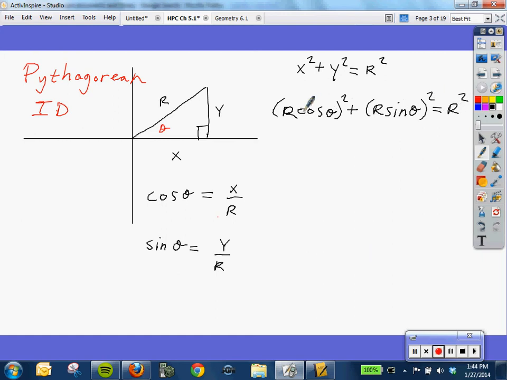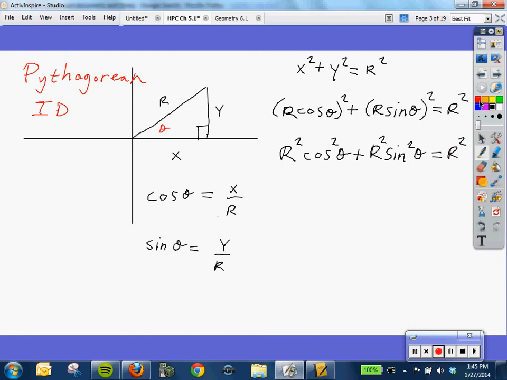From here, whenever you have a trig function to an exponent, you put the exponent in between the word and the angle. So that says cosine squared. And then we have r times r, and we have sine times sine. So I put the 2 in between the sine and the theta.